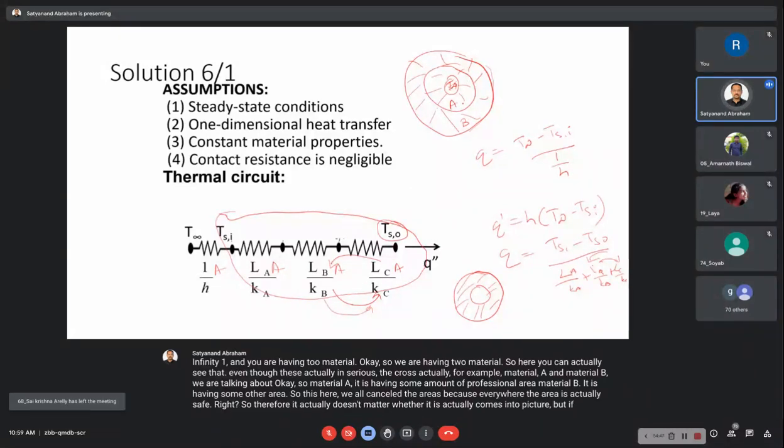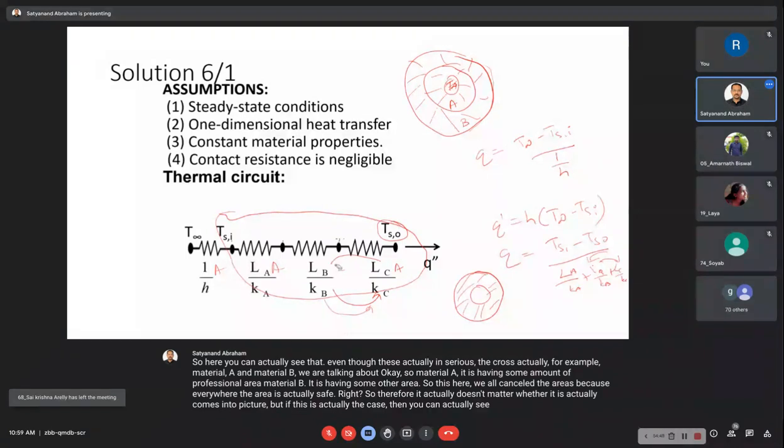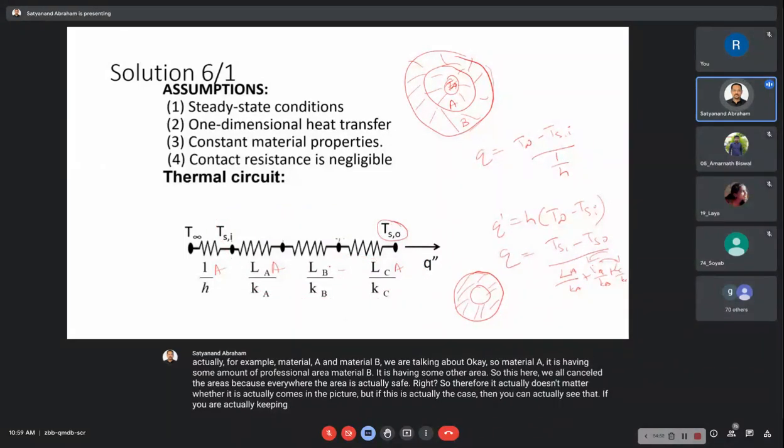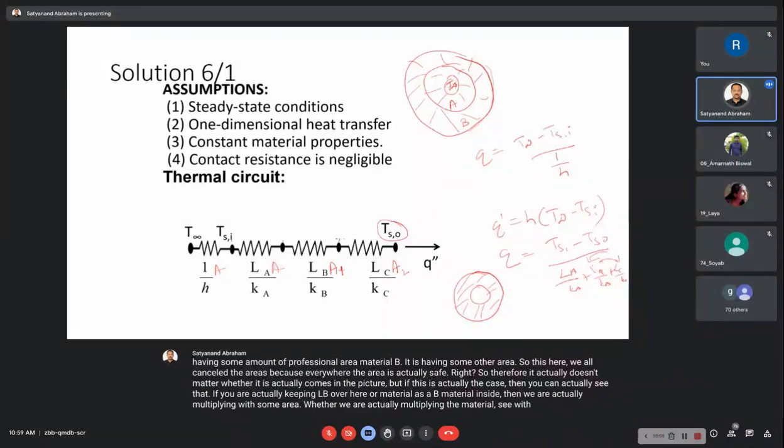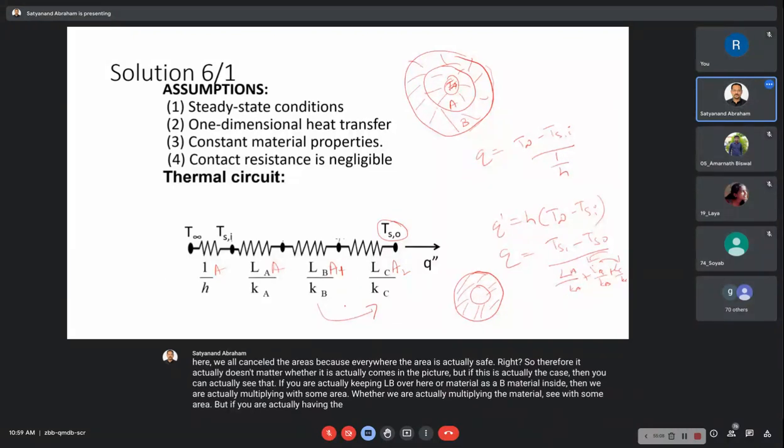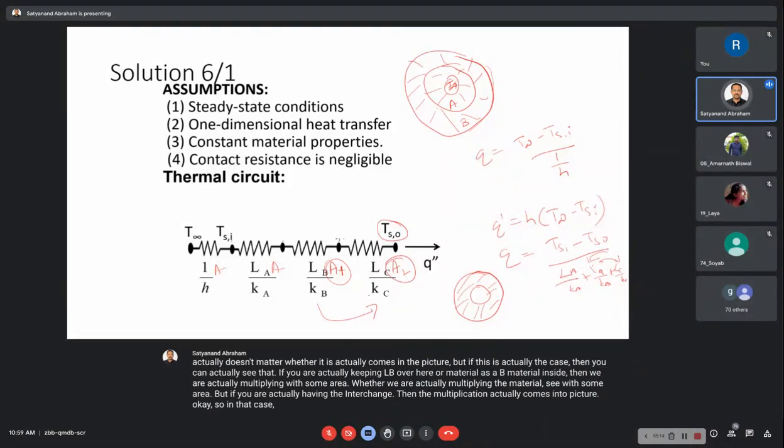But if this is the case, then you can see that if you are keeping material B inside, then we are multiplying with some area A1, whereas we are multiplying the material C with some area A2. If we interchange them, then the multiplication comes into picture. Okay, so in that case, it matters whether it is coming inside or outside.